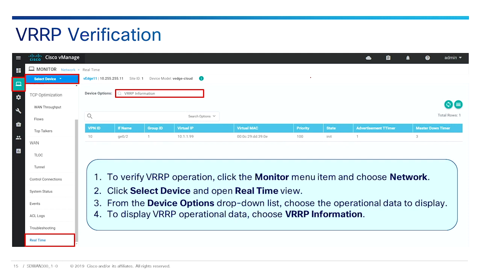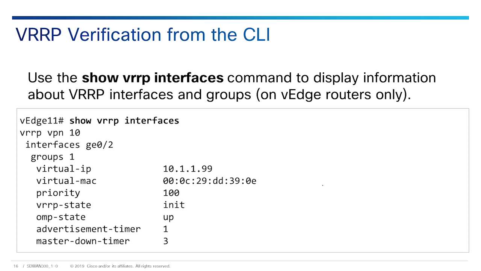Okay? And again, we can do show commands the same exact way we did before. We go under monitor, real time, and then VRRP information, and then we will check and see whether our group number is up, what our master downtimer is, and what our current state is. And that says in init we should be up. Okay? And we can actually do the same exact command from the command line, show vrrp interfaces.